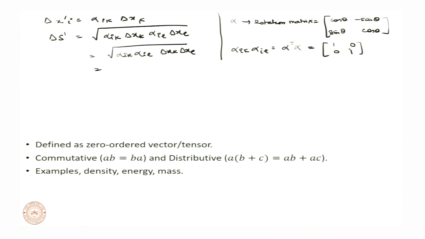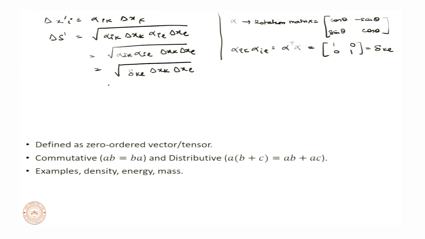So cos squared theta plus sin squared theta is 1, and minus sin theta cos theta plus sin theta cos theta becomes 0. This is an identity matrix, typically given by delta_kl, also called the Kronecker delta. So we have delta_kl times delta x_k delta x_l.